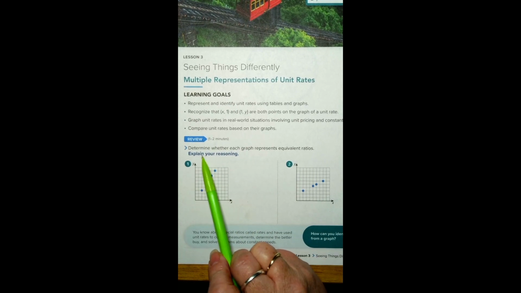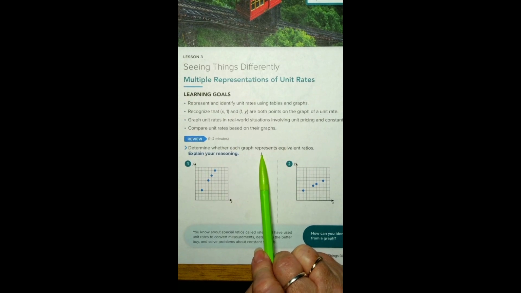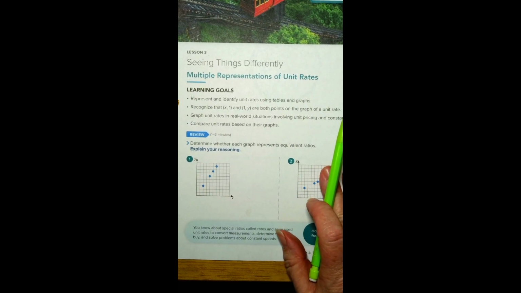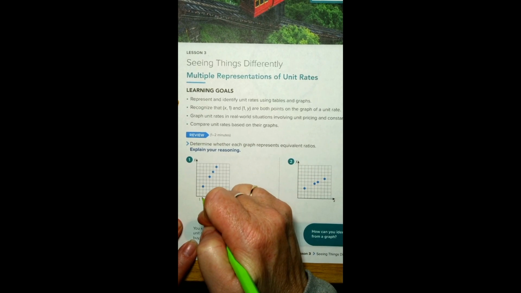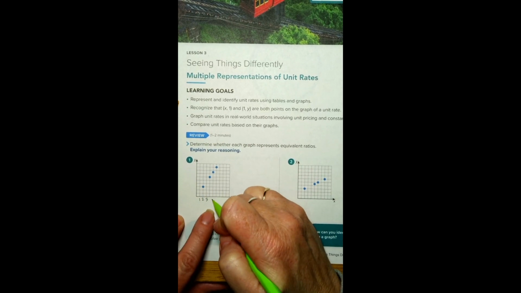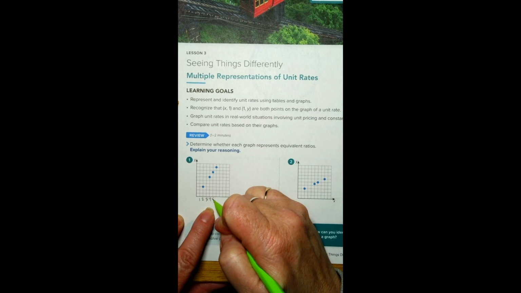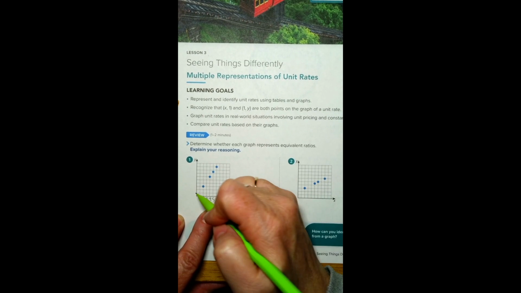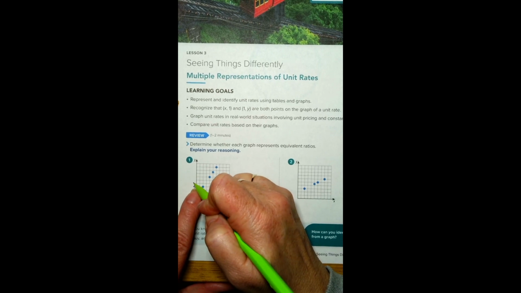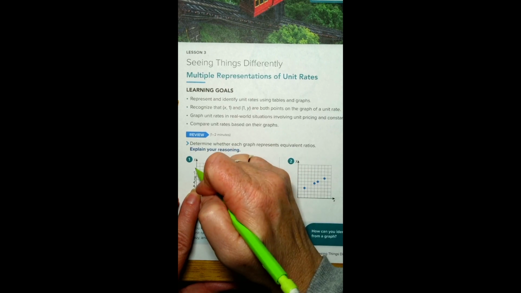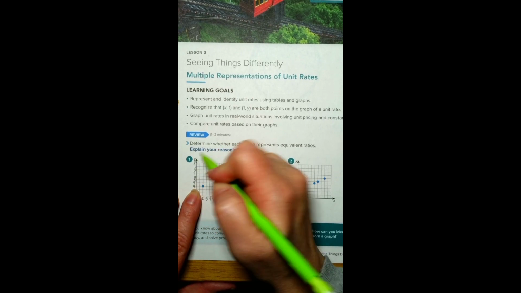Okay, so determine whether each graph represents equivalent ratios. So we could number these 1, 2, 3, 4, 5, 6, and 1 through 10.